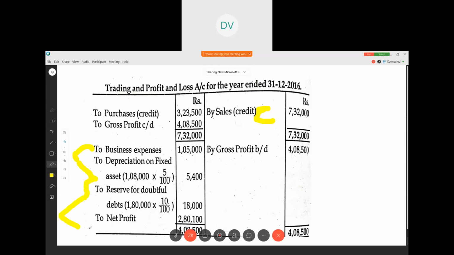Whatever we are writing, all these are the revenue expenses, business expenses. So depreciation they said, fixed assets, the opening balance they have given, 5% of it. Reserve for doubtful debts. So debtors amount they have given, right? Opening debtors, so 10% of it. Clear? So all these revenue expenses we are writing. So the balancing figure will be the net profit.